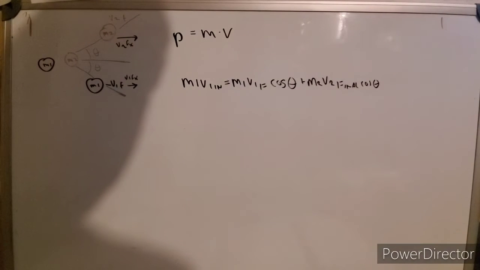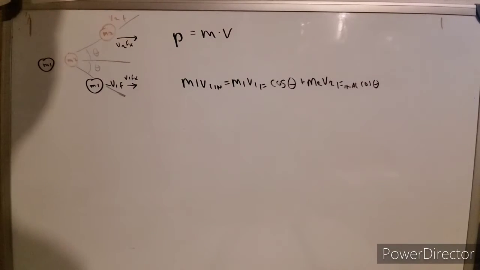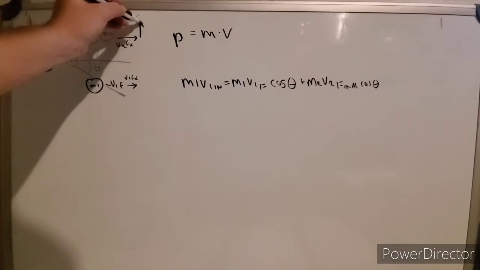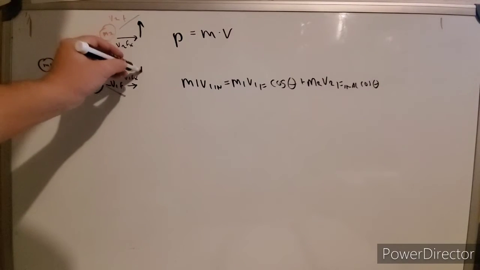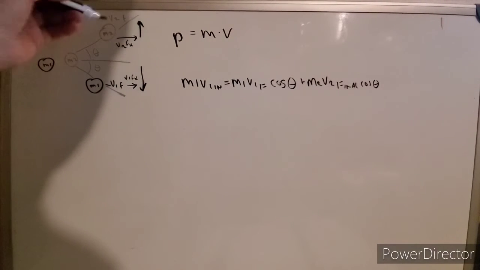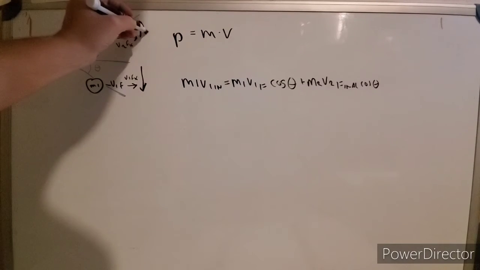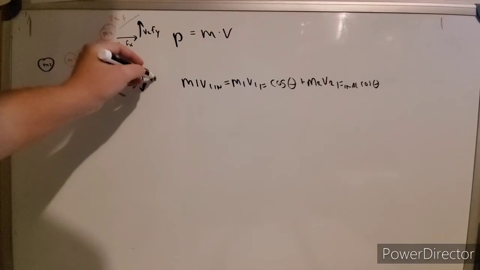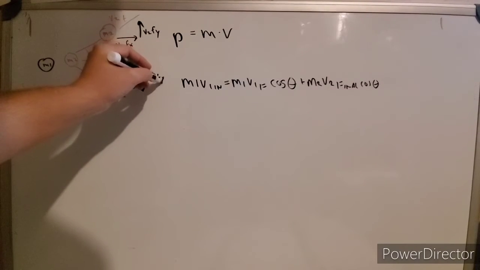Now we're going to draw the momentum in the y direction. Y is going up and down. This part is going up because it's the top part, and this part is going down because it's in the negative direction. So we write v2, final velocity y, and v1, final velocity y.